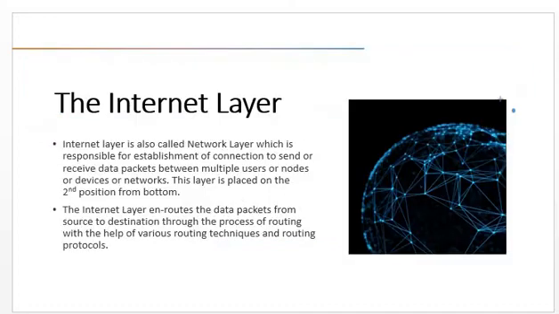Then we have the internet layer. The internet layer defines the protocols which are responsible for the logical transmission of data over the entire network. It also ensures that the data that travels on the network gets to its destination correctly.